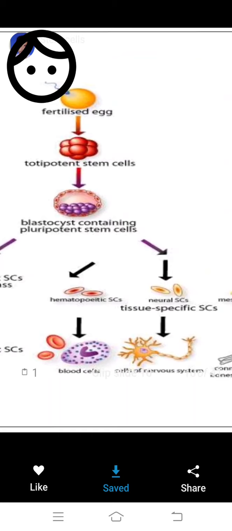Okay, next neural is tissue specific, neural means here the neuron system formation. Okay, next one, mesenchymal. SC means stem cells.